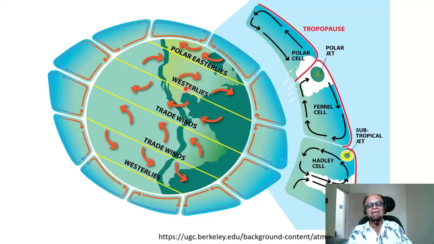So there is sinking air here, which means there is no expansion, there is no cooling, there is no cloud, so you will have high pressure and no rain. Low pressure and rain, bad weather; high pressure, no rain, clear skies, good weather.